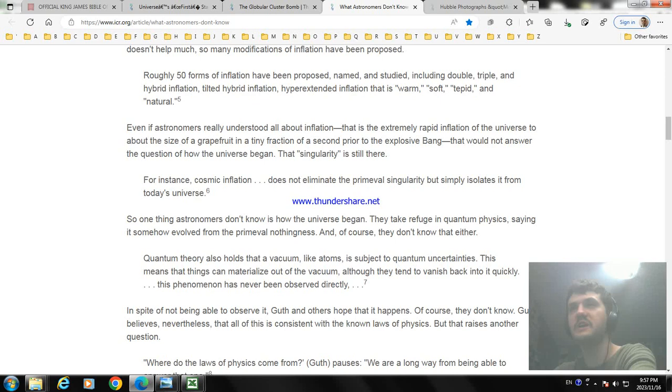Some 50 forms of inflation have been proposed, including double and triple and hybrid inflation, hyperfast inflation, that is warm, soft, and tepid and natural. Even if astronomers could understand inflation and the extremely rapid expansion of the universe to about the size of a grapefruit, a tiny fraction of the fire of the explosion of the Bang would not answer these questions of the universe, particularly and still there.